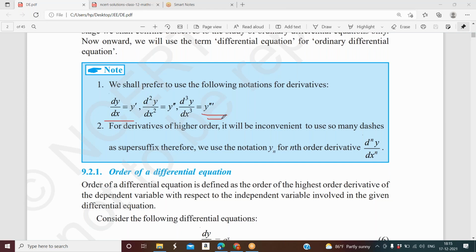For derivatives of higher order, it will be inconvenient to use so many dashes as superscripts.